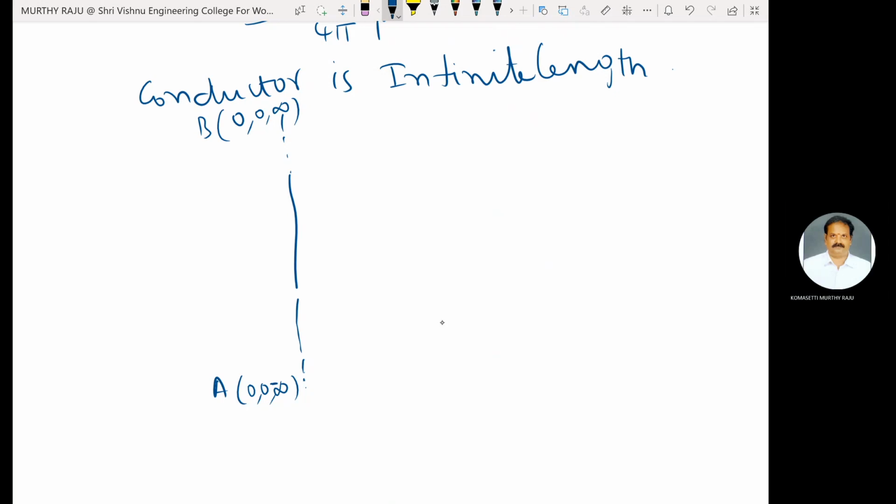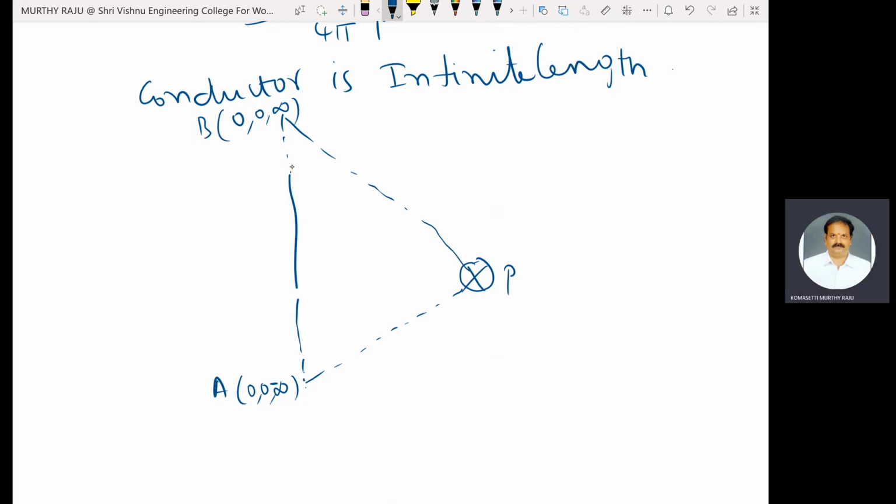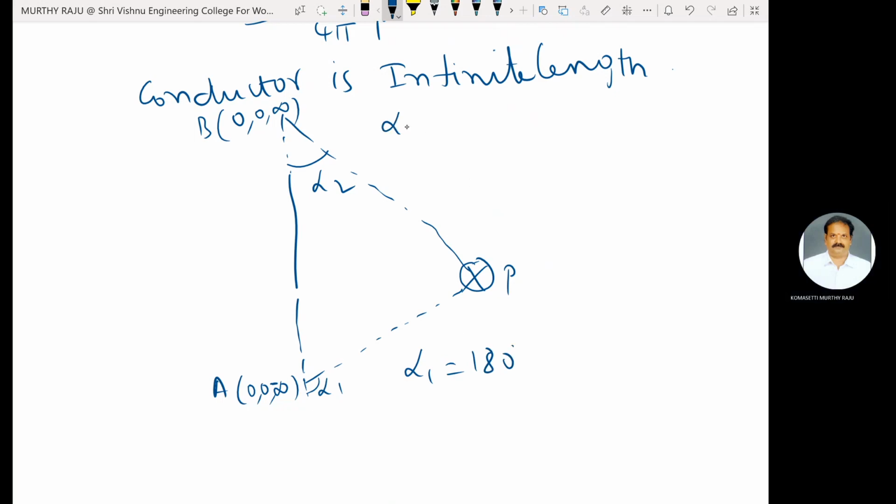The point P is here, perpendicular to that conductor. This one is alpha 2 and this one is alpha 1. Alpha 1 is 180 degrees because of the starting point, and alpha 2 is 0 degrees.